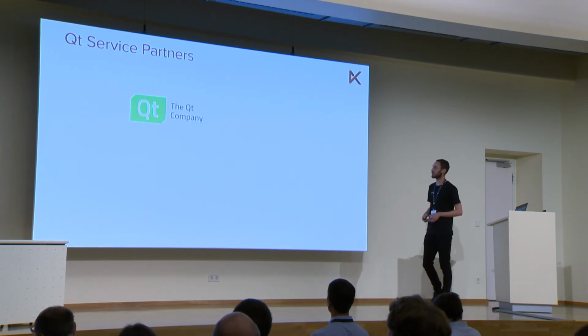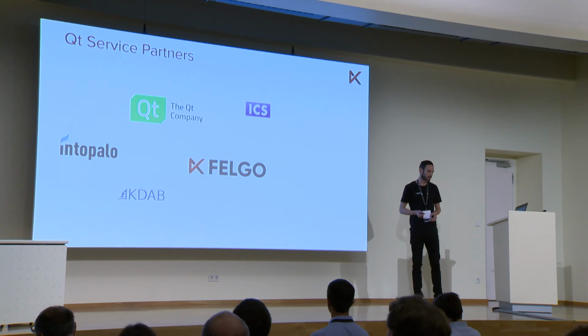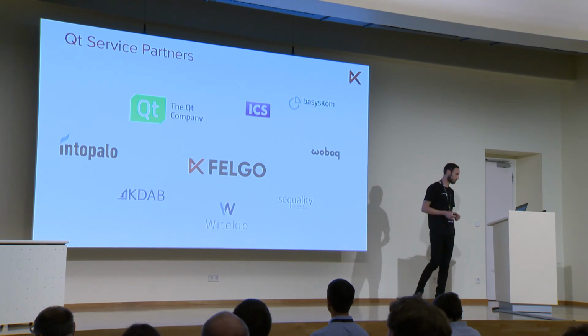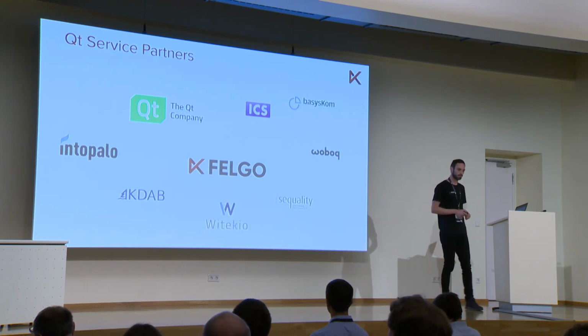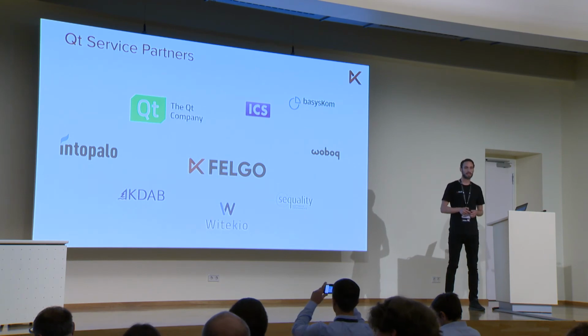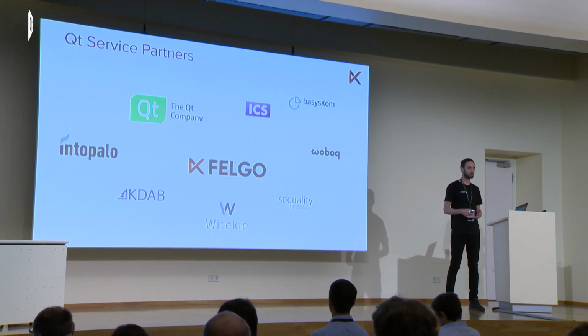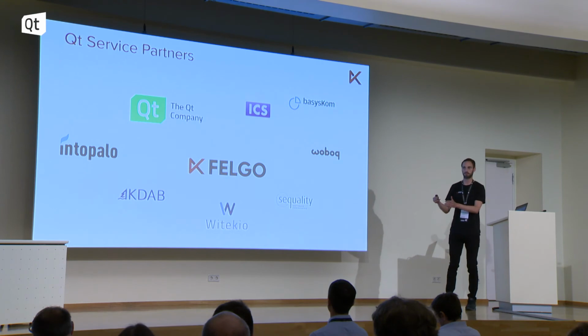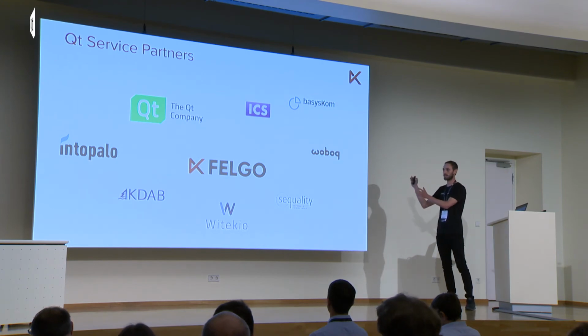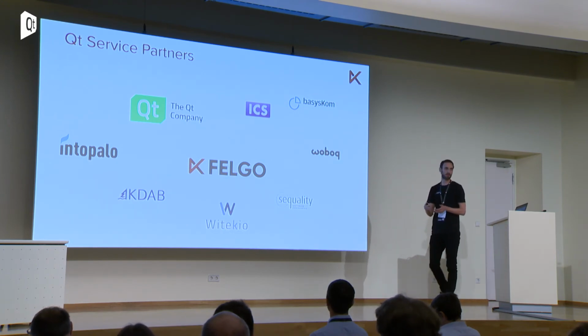You can ask them, and there are also a lot of other service partners that you can ask for help. In many scenarios, this really makes sense, especially if you have trickier questions, to help you reduce costs, because the chances that any of these partners has already solved the problem that you're having is quite high.